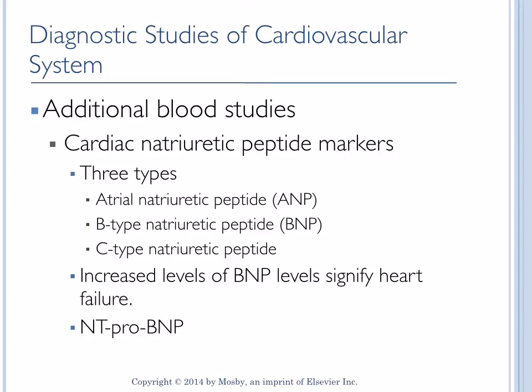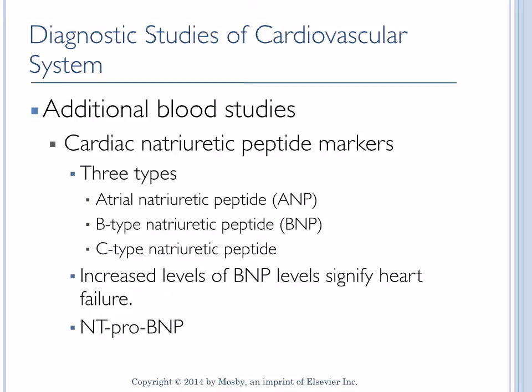Then you have cardiac natriuretic peptide markers, and there are three types, popularly known as ANP, BNP, and CNP. Increased levels of BNP signify heart failure, and we talked about this in the other lecture.